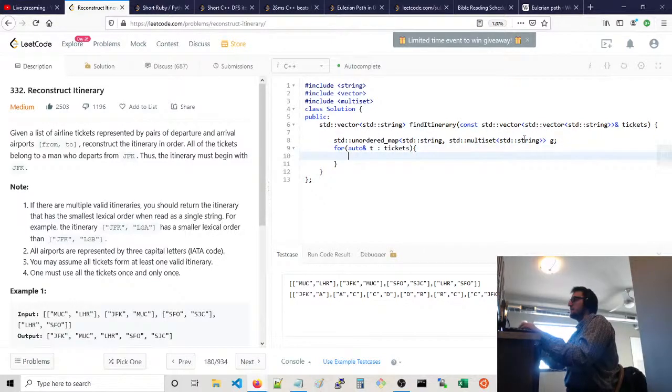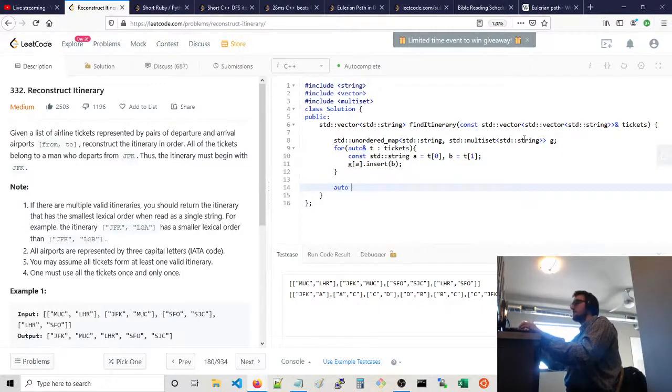We're going to build the graph. We could just use A and B, and they don't need to be references, I think. Then we say G of A dot insert B. Right, so that builds our graph. And then we're going to have a recursion.